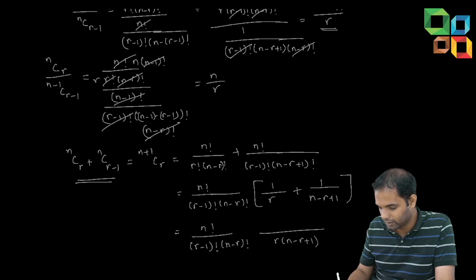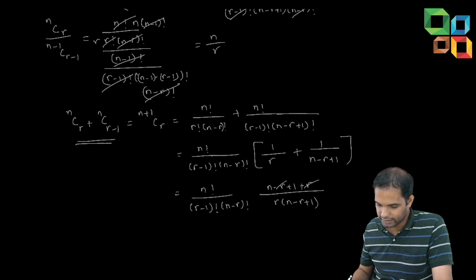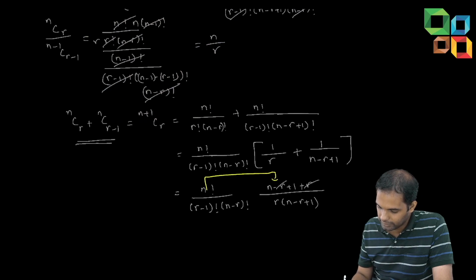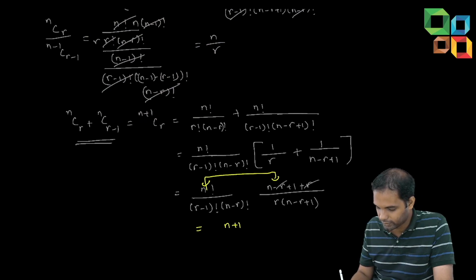Numerator will be the same: n minus r plus 1 plus r. r and r will get cancelled. Now look at the terms. Let me try to combine. n factorial into n plus 1 is n plus 1 factorial. Great. r minus 1 into r is again nothing but r factorial.